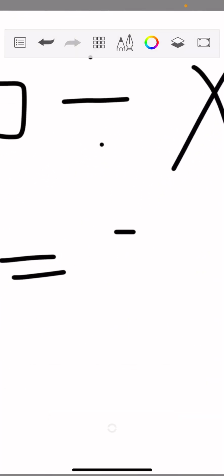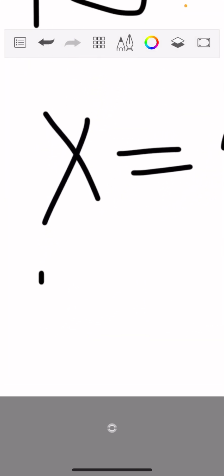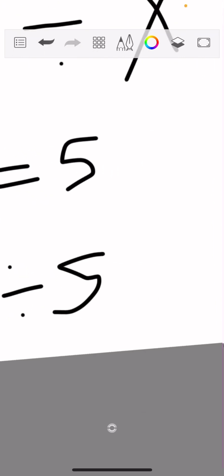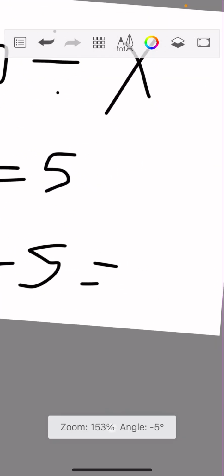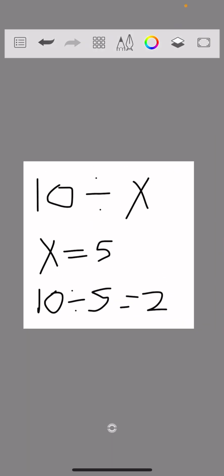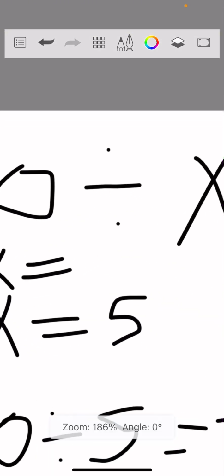But let's say x is 5. You'll replace the x in the problem with that number. 10 divided by 5. What's 10 divided by 5? It's 2. Pretty simple.